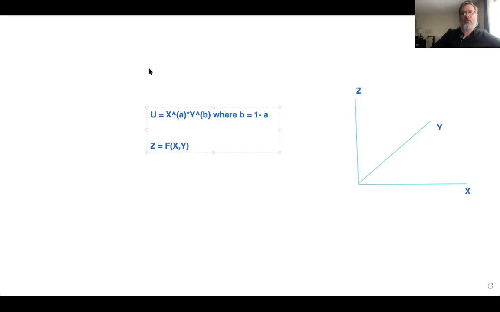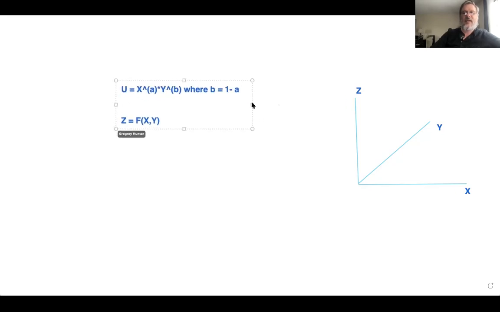And the way that we interpret alpha and beta are as percentages. And in our problem, I'm trying to move this a little bit. There we go. Does that make sense, Michael?